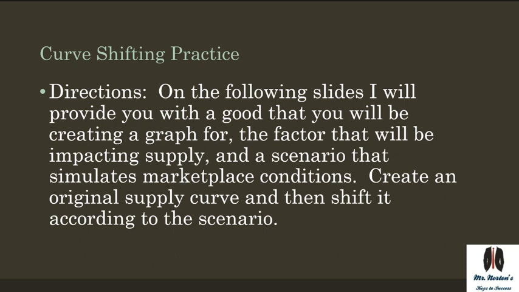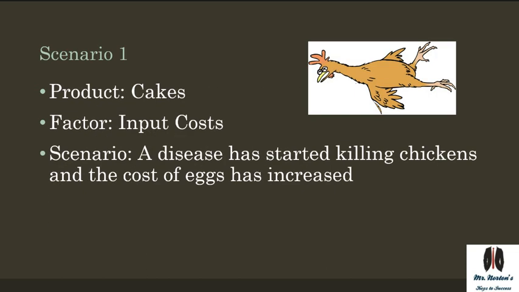I'm going to give you a product, a factor, and a scenario, and let's see if you can figure out which way the shift is supposed to occur. Remember, if you think there's going to be a greater supply, we draw that new supply curve to the right. And if you think there's going to be a smaller supply, then you draw that supply curve shifting to the left. All right, our first one's going to be cakes, and we're going to talk about input costs.